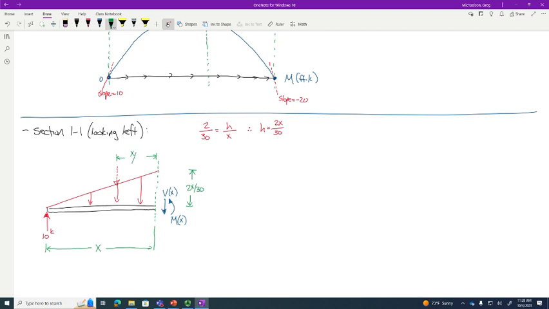Our force is going to be 1/2 times base times height, which is 1/2 times x times 2x over 30, which is x squared over 30. Did I get that right? So far, so good?